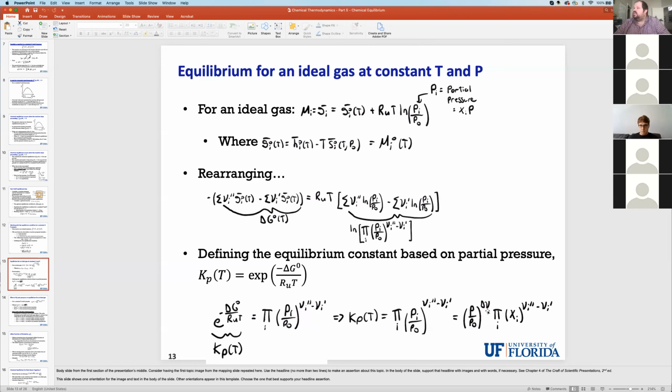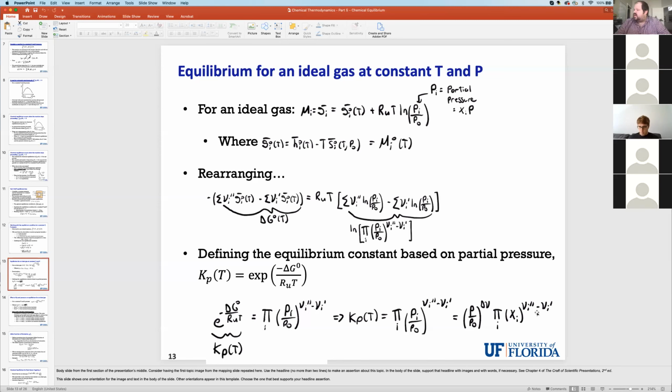And delta nu is again just the net change of moles between the products and the reactants, so delta nu is the sum of nu i double prime minus nu i prime. And then basically I factored out P, and you wind up with the product of all the mole fractions raised to the difference in the stoichiometric coefficients between the products and the reactants.